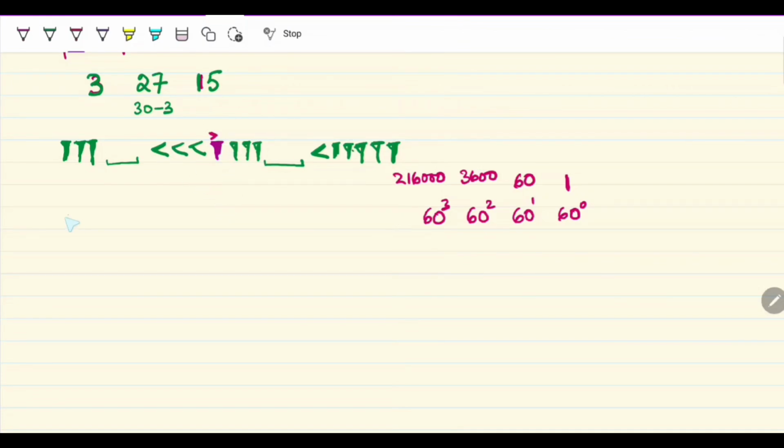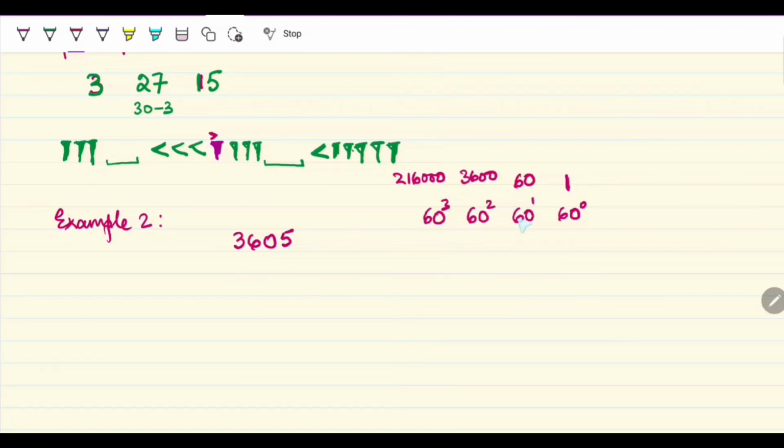So let's go on to our next example, and I'm going to work with the number 3605. So I'm going to convert 3605 and express it in Babylonian numerals. Again, the process is the same. We will be dividing the number we want to convert by a place value which is closest to 3605 without going over.